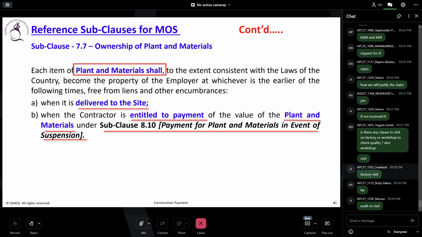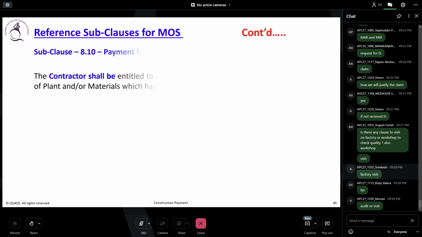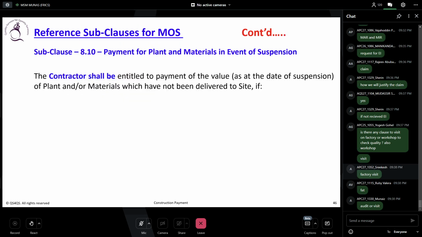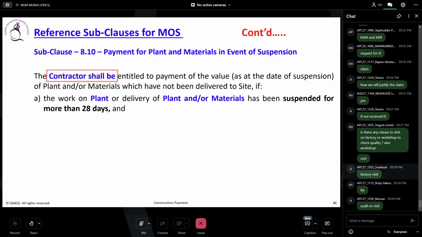Subclause 8.10. All of you, go to subclause 8.10. Payment for plant and material in event of suspension. The contractor shall be entitled to payment of the value as at the date of suspension of plant and material which have not been delivered to site.